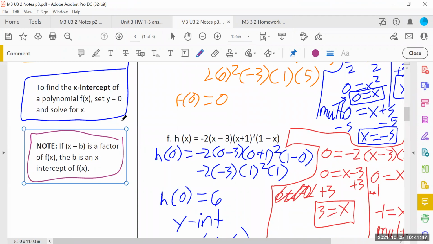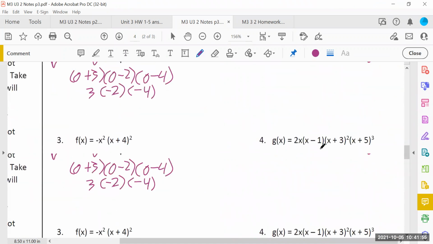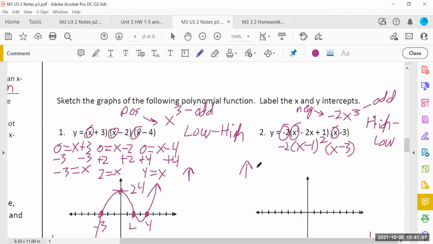That's a shortcut. Some of you are already starting to use that. So if I'm looking at this one, and I see that x minus 1, I know that my x-intercept there is positive 1. And here, my x-intercept would be positive 3. So 1 and 3.